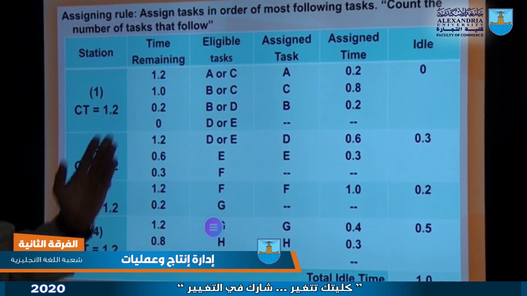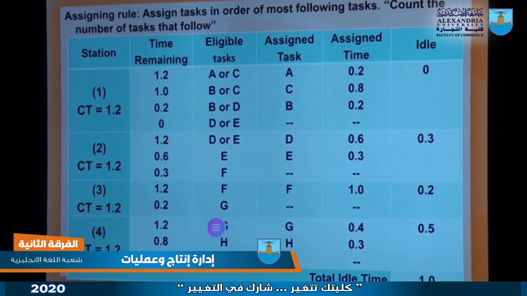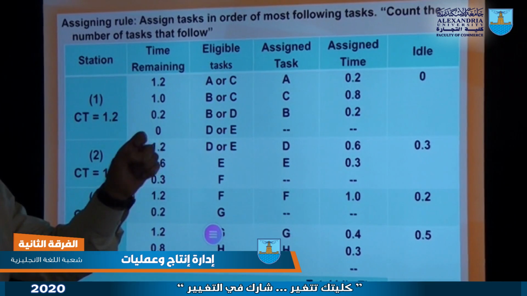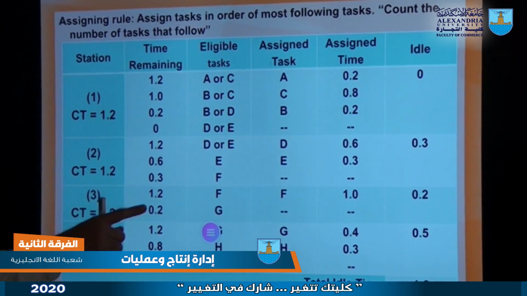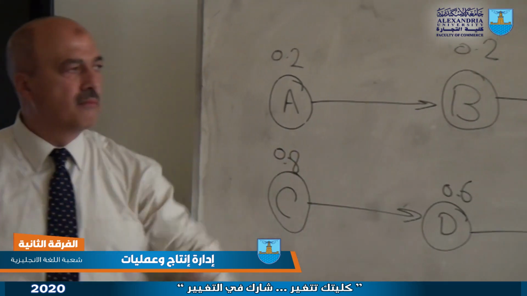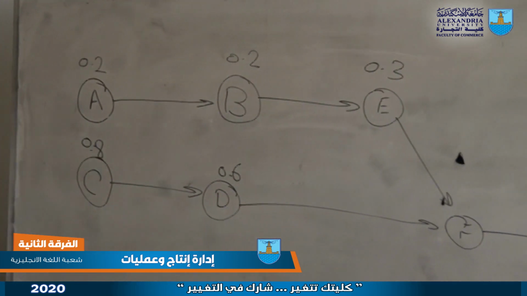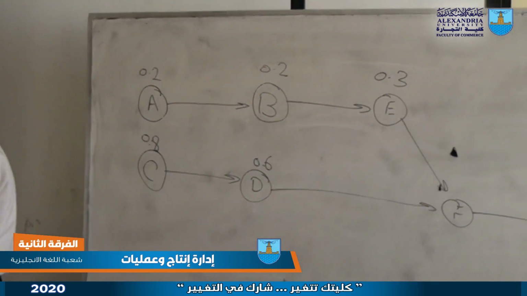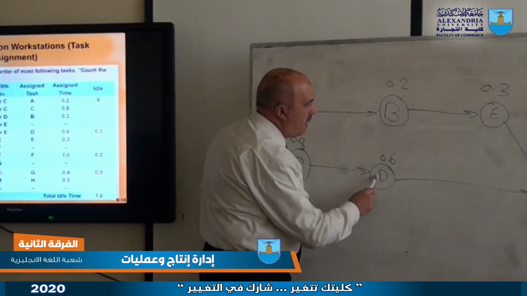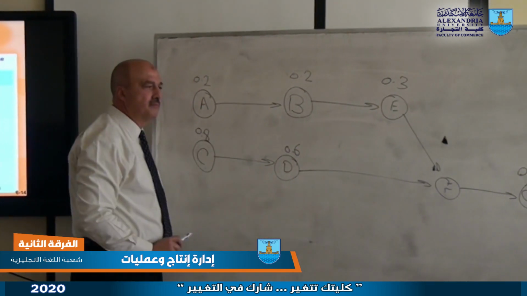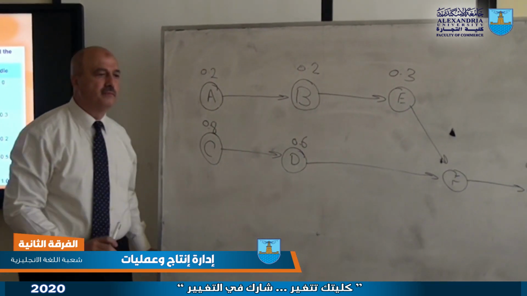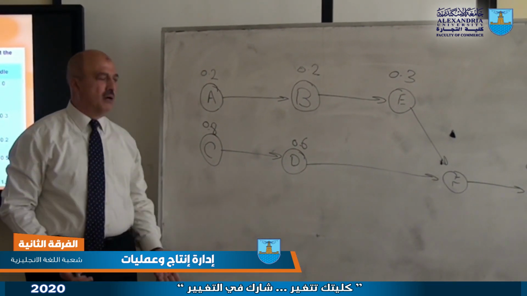So eligible task. We have taken A already. So we can take C, which we didn't take before, or B. C is followed by 4 tasks. B is also followed by 4 tasks. So they are equal.